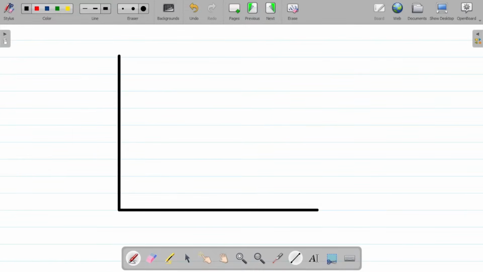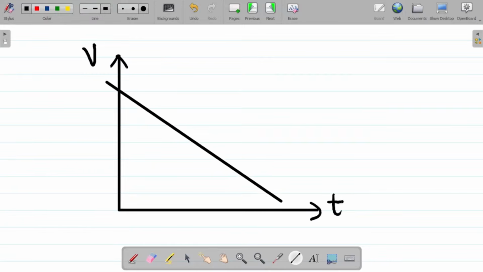So we have your VT graph such as this, velocity and then time. We said velocity is on the vertical axis and time on the horizontal axis. In a case where the value of the velocity is decreasing with respect to time, for a slope of this nature, what you have here is called a deceleration.